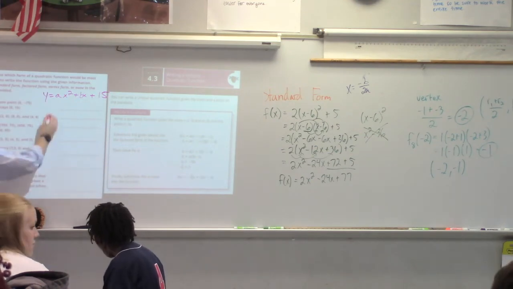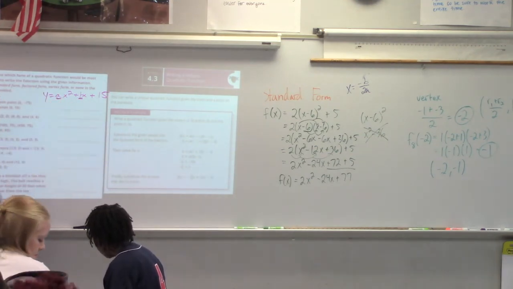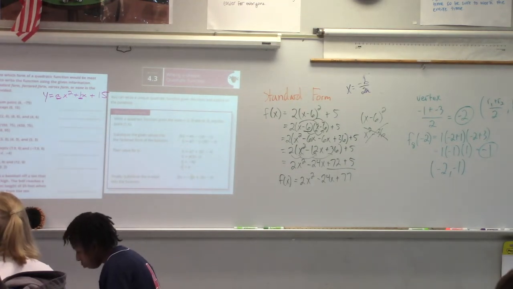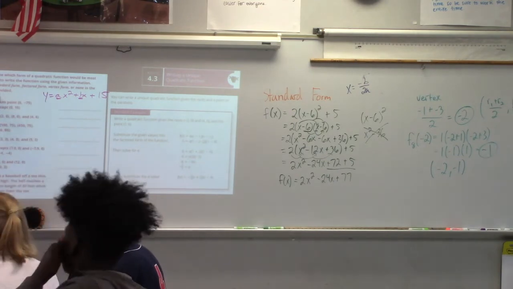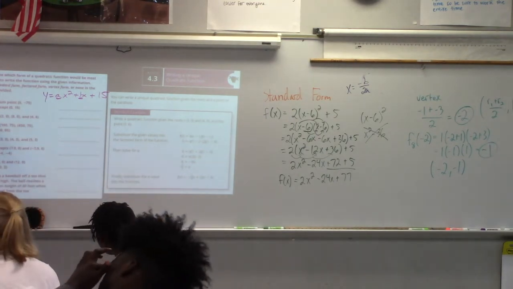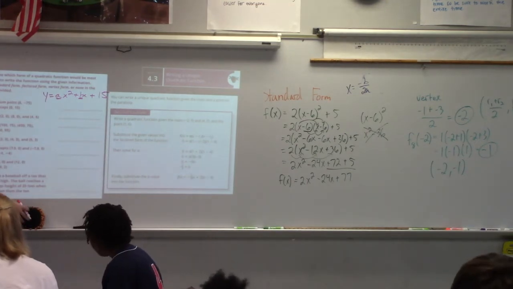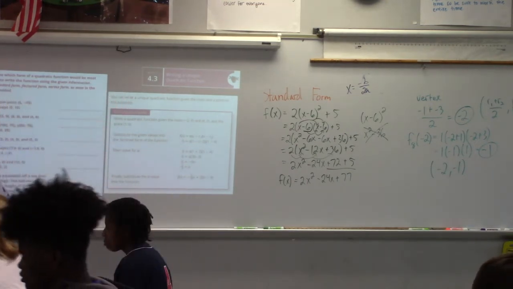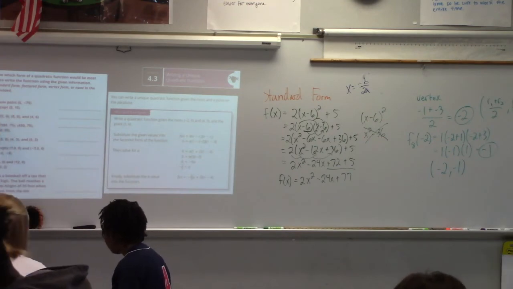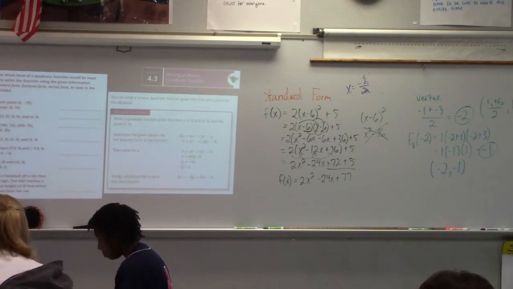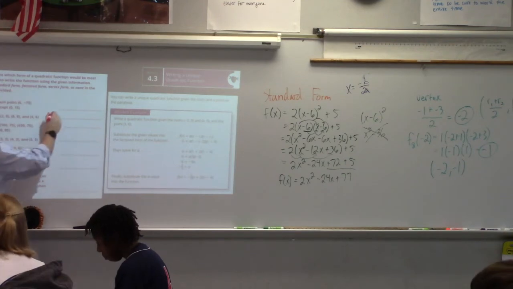I would still have to figure out A and B. I don't want two unknowns, I just want one. But that minimum would also be the what? The vertex. If I have a vertex, what form could I use? Vertex form. And this y-intercept would just be a second point, just like we had in that previous worked example, so I can figure out what A is. So vertex form.